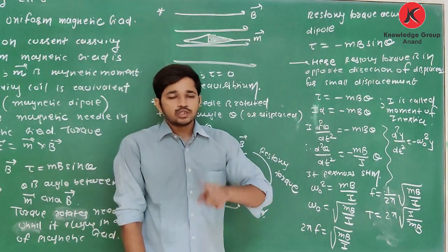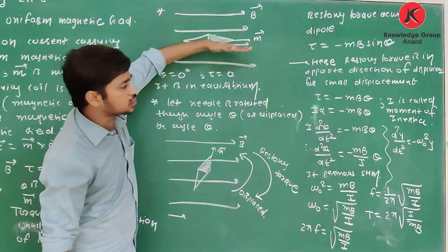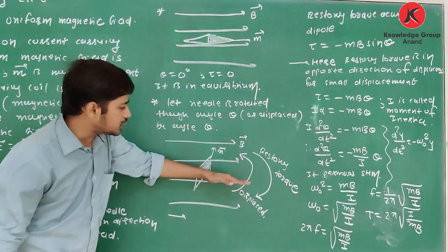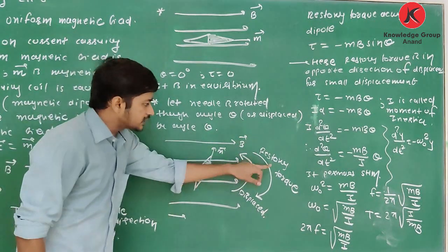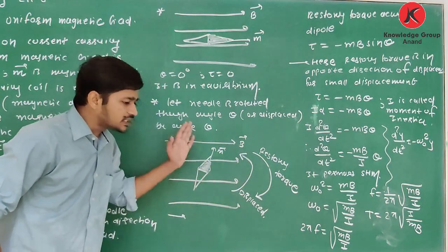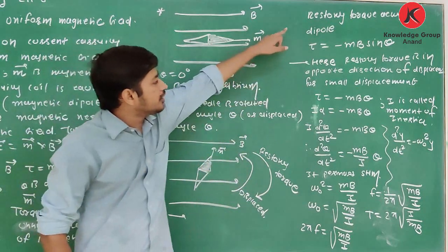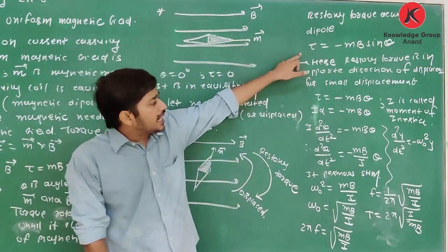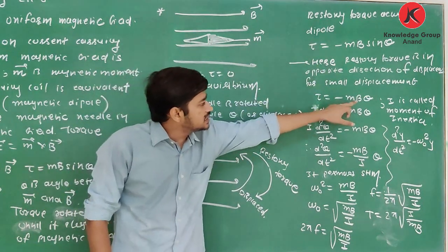Clear about this? So remember, when the dipole is in equilibrium condition and is displaced from it, a restoring torque acts on it, which will try to bring this dipole again into equilibrium. Restoring torque tau is equal to minus mB sin theta. For small angular displacement, sin theta is nearly equal to theta.